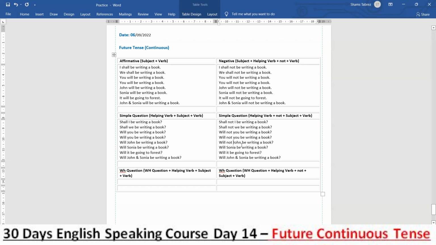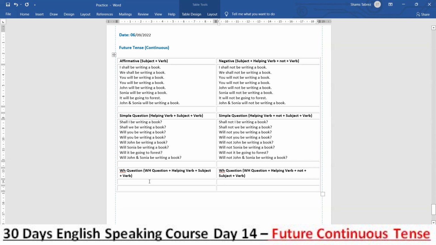Will not John be writing a book? Will not Sonia be writing a book? Will not it be going to forest? Will not John and Sonia be writing a book? Okay. So this is how a simple question is framed in future continuous tense.